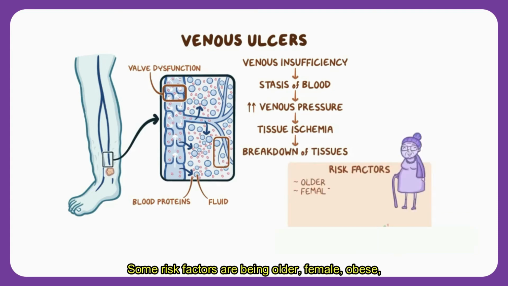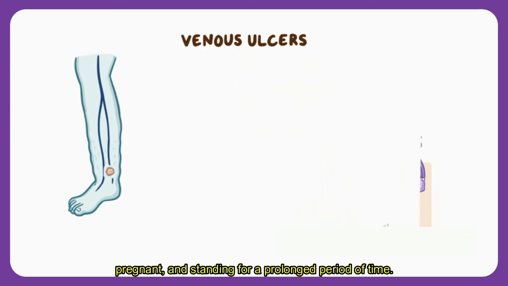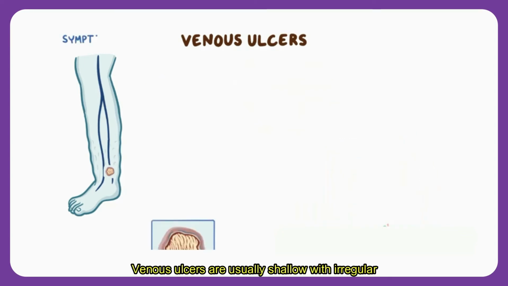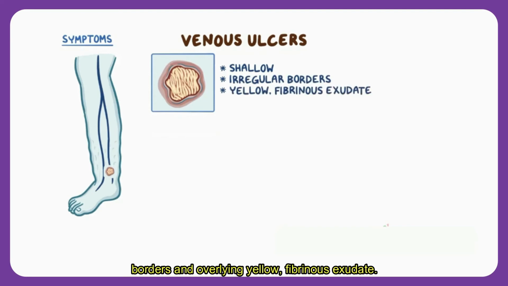Some risk factors are being older, female, obese, pregnant, and standing for a prolonged period of time. Venous ulcers are usually shallow with irregular borders and overlying yellow fibrinous exudate.